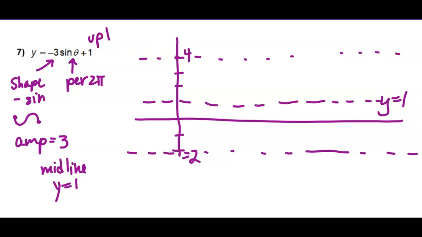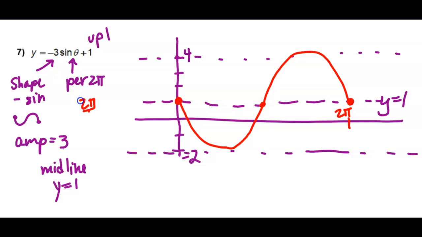All right, so it was going to start at the midline because it's a sine graph and it's supposed to go down first. It goes down to -2 and then back up, and then it goes up 3 to positive 4 and back to the midline of 1. All right, the period is supposed to finish at 2 pi. So the quarter points are 2 pi over 4 or pi over 2.